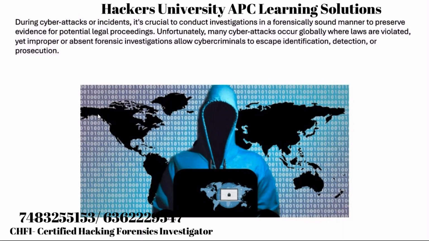And unfortunately, many cyber attacks occur globally where laws are violated, yet improper or absent forensic investigation allows cyber criminals to escape identification, detection, or prosecution. These cyber criminals know how to cover tracks. So there can be a lot of challenging situations, like if there is malware that has some anti-forensic, obfuscation, or encryption mechanism, it will be difficult for the analyst.